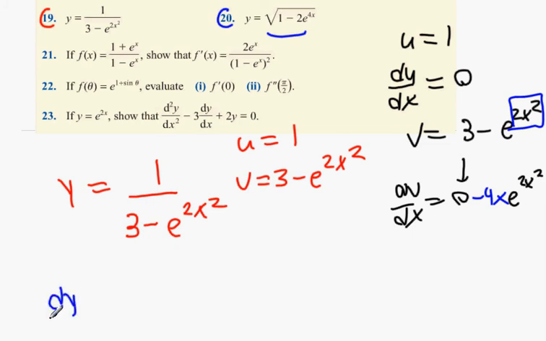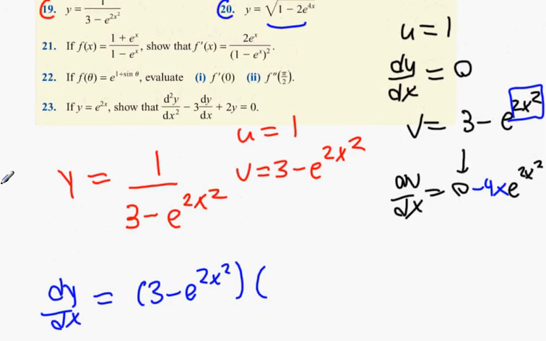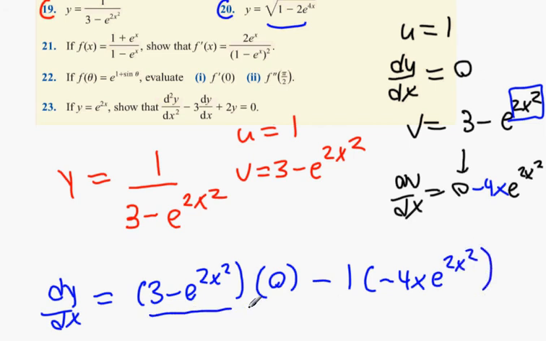Put it into your quotient rule. Quotient rule, at this stage we should know it off by heart. Start off with v, 3 minus e to the 2x squared, times du dx, which is 0, minus 1 times dv dx, which is minus 4x e to the 2x squared, all divided by v squared, which is going to be 3 minus e to the 2x squared, squared.